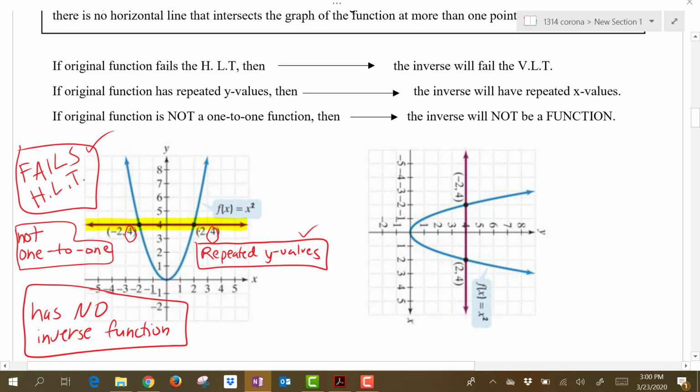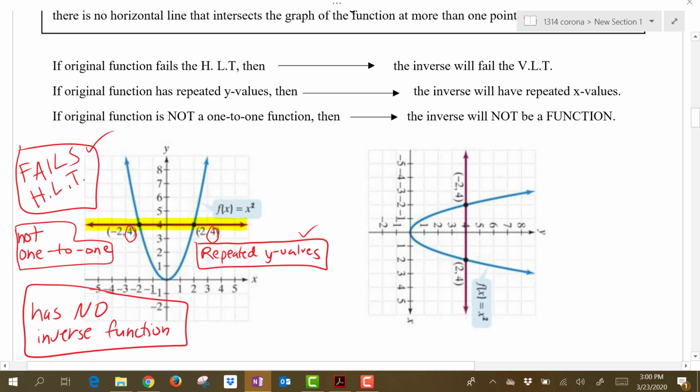So essentially all four of these pieces of information mean the same thing. If you have a function that fails the horizontal line test, that means the function you see is not one-to-one. It means the function you see has repeated y values. It means the function you see has no inverse function.